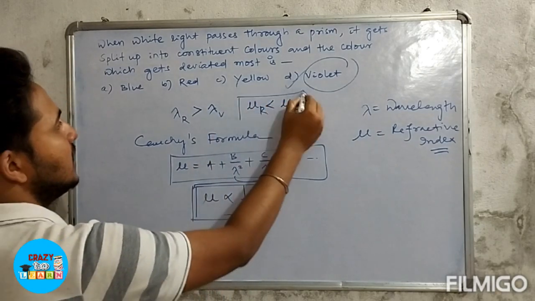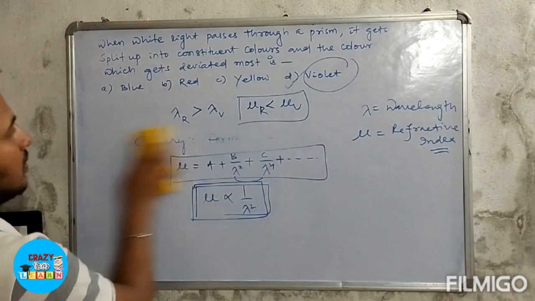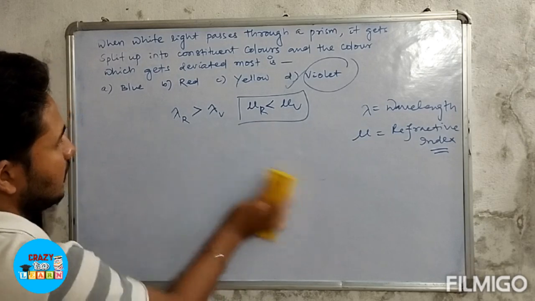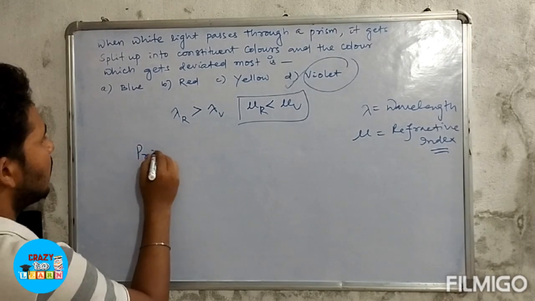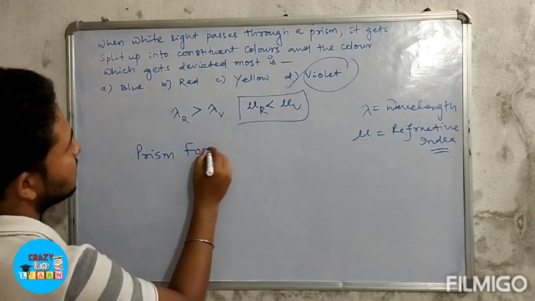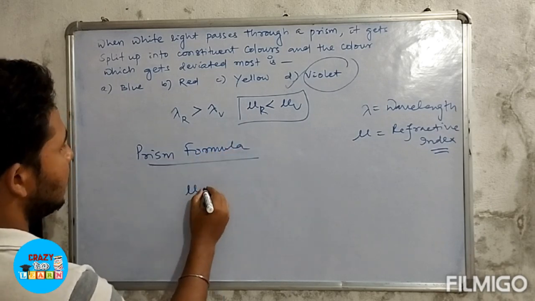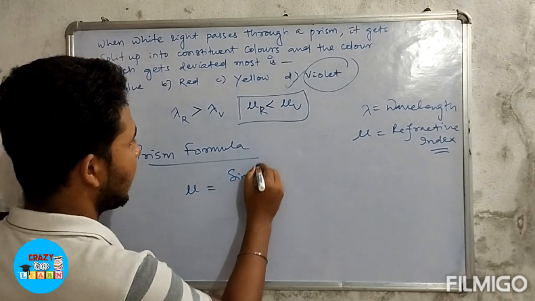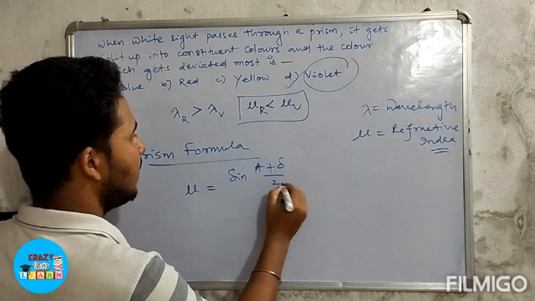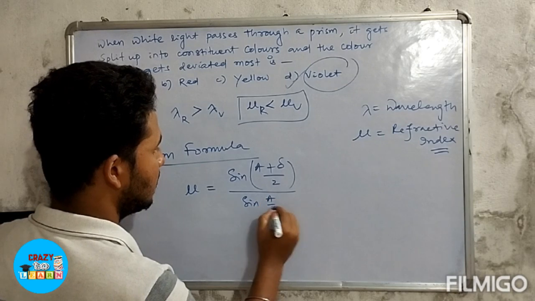You got this one. Now we will go for the prism formula. You know the prism formula? The prism formula is the refractive index mu is equal to sin((A plus del) by 2) divided by sin(A by 2).